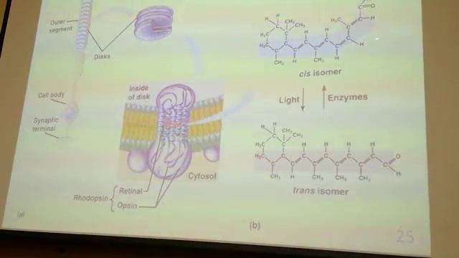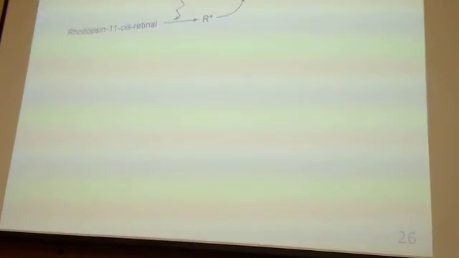And what's important is this conversion from the 11-cis isomer, 11-cis retinal, to our all-trans isomer. Okay? So in response to light, we have this conversion. And this conversion results in a conformational change in rhodopsin, which mediates this cascade of events.